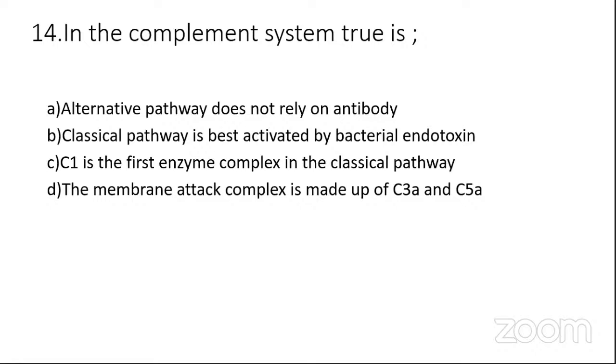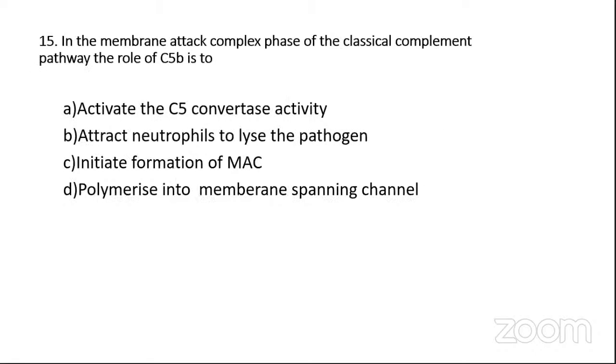Good, because the alternate pathway does not rely on antibody. Classical pathway being best activated by endotoxin is not true. And the membrane attack complex is made up of C5b, 6, 7, 8 and 9 together. So C is the correct answer.